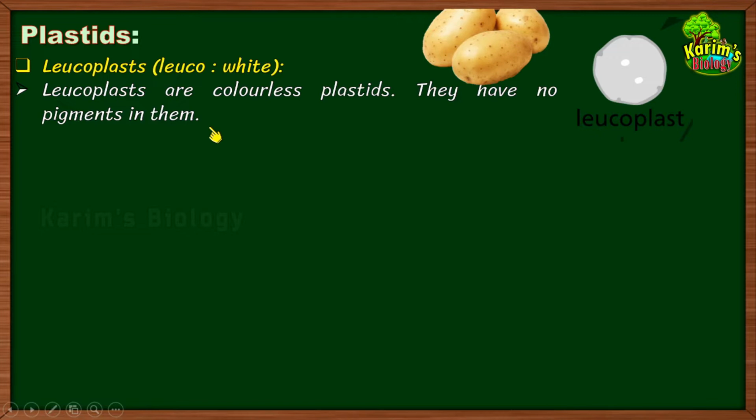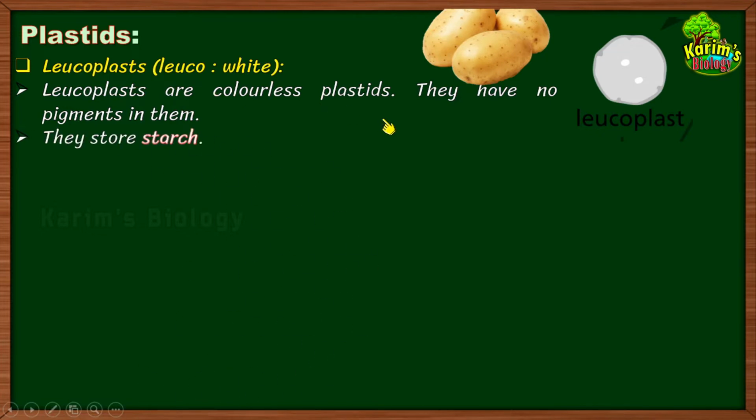Leucoplasts are colorless because they do not have any pigment in them. Remember children, the color of the cell depends upon the presence of pigment, and even for these plastids, the color of the plastid depends upon the type of pigment that they have. And the leucoplasts, as they do not have any type of pigment, are colorless, right?